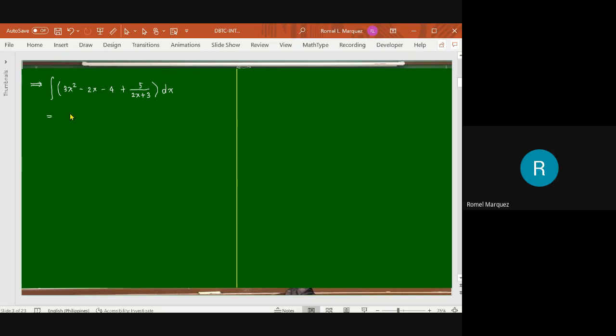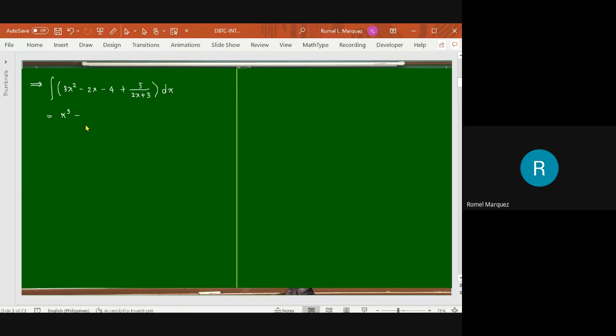Integral of the first term? Integral of the first term. Nawala na. Umalis to si Dominic. So that is x cubed, minus x cubed over 3. Cancel with the 3. What about negative 2x?